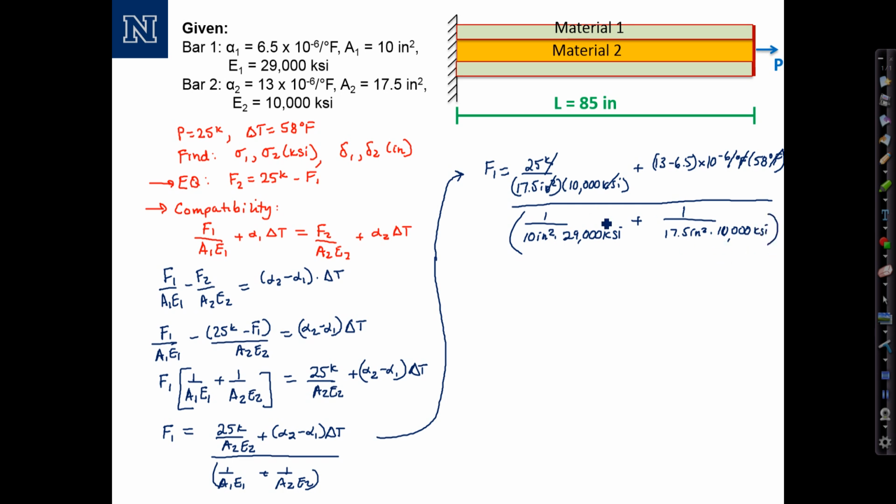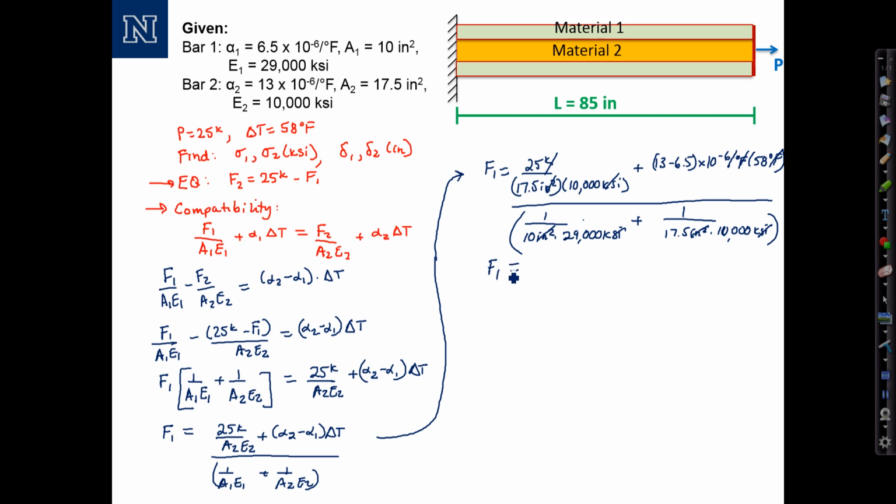Now what happens to the units on the bottom? We have inches squared times KSI, so the inches squared and the SI cancel out on both of these. And we're left over 1 over kips, which is going to give us kips on top. So that's the units we're looking for, units of force. We always need to do that check.